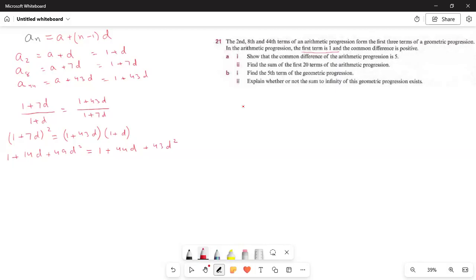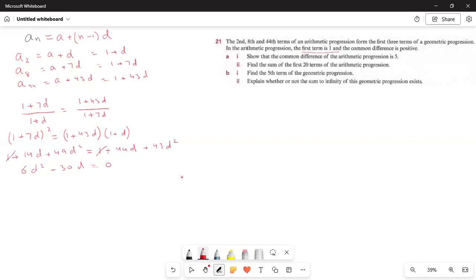I hope I'm right. So 1 cancels with 1. 49d squared minus 43d squared is going to be 6d squared. Make sense? And minus 44 and plus 14 is going to be minus 30d, and everything is equal to 0. I hope you understand how I go from here to here.